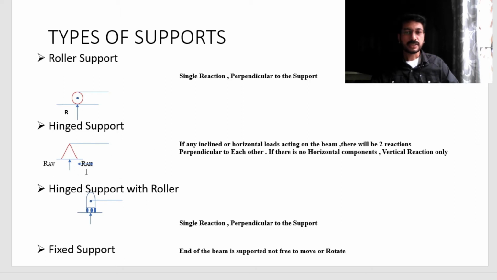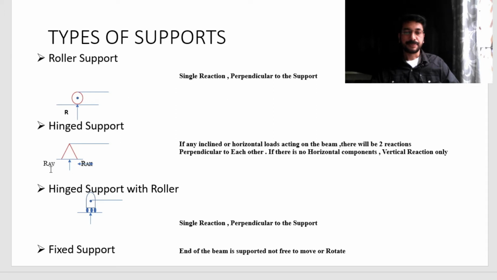If any inclined or horizontal loads act on the beam, there will be two reactions perpendicular to each other. If there is no horizontal component, that is RH is equal to 0, then there exists only the vertical reaction, that is RAV.